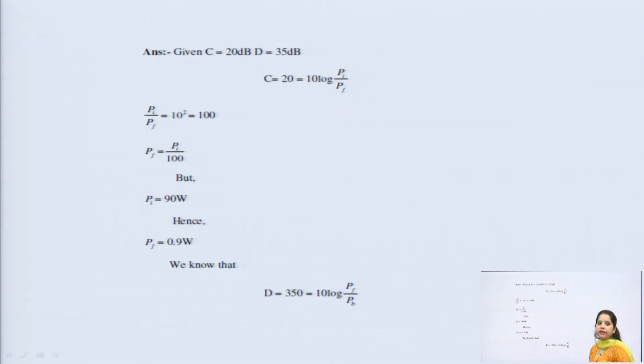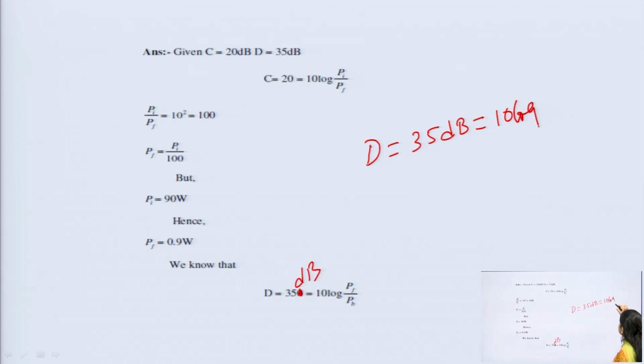Now, we are going to solve the other one. Now, the directivity D is equal to 35 dB and it is equal to 10 log to the base 10 Pf upon Pb. Pf we have already calculated here, which is equal to 0.9 watt.